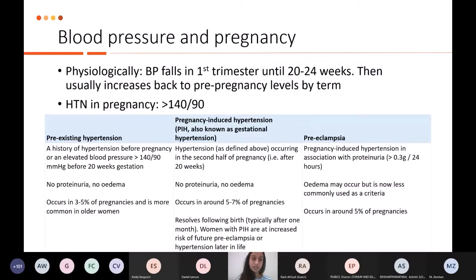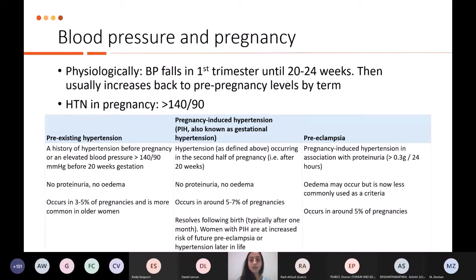So physiologically, blood pressure falls in the first trimester until 20 to 24 weeks, and then it usually comes back slowly up to pre-pregnancy levels. In pregnancy, normally your cardiac output increases because there's increased demand from the placental circulation that's growing. To increase the cardiac output, your heart rate increases slightly, so normal would be 70 to 90, and your stroke volume, your pump volume, increases as well.